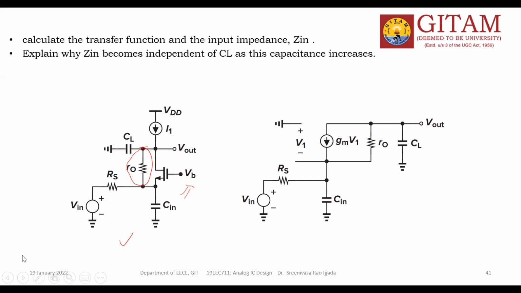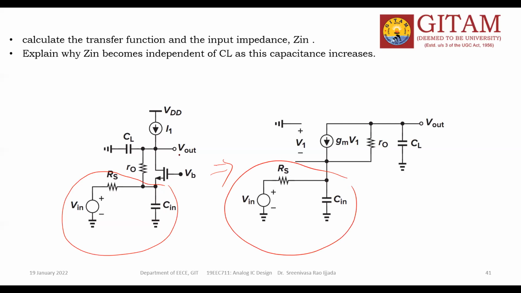Now we'll do one thing. This is a common gate structure, no doubt at all. For this common gate stage, draw the small signal equivalent circuit. This part is here, and for this part we draw the small signal model.